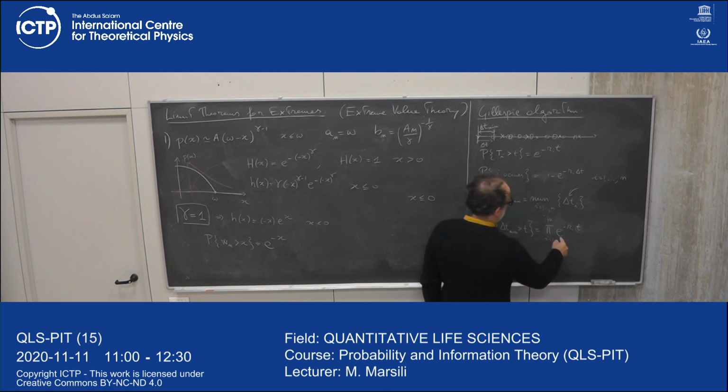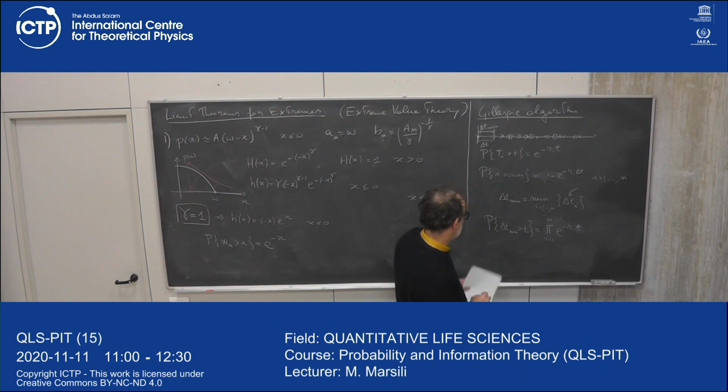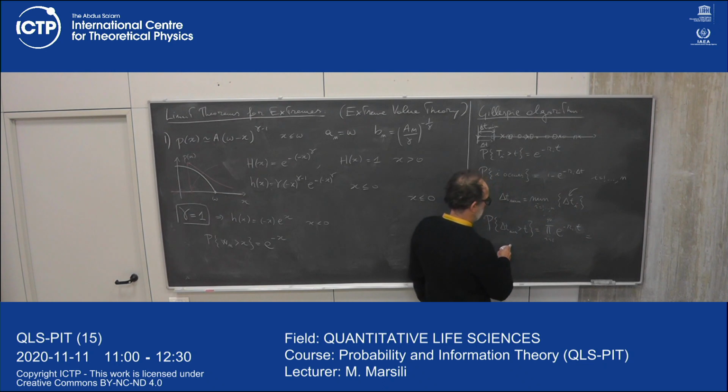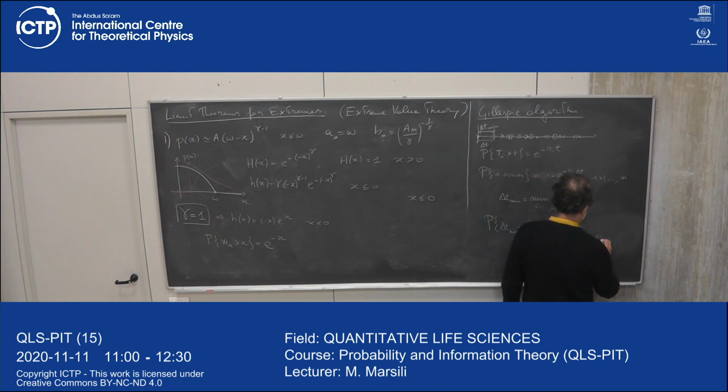Okay, so this is the probability that process i does not occur up to time t, and because they are independent, then this is just given by this. Okay, so you see that the probability distribution of the minimum time is just e to the minus the sum over i from 1 to n of r_i times t.